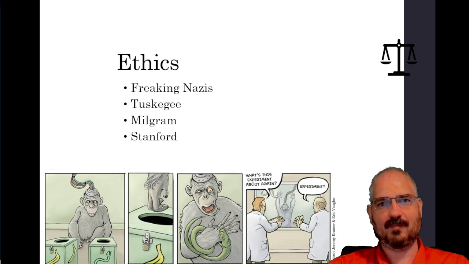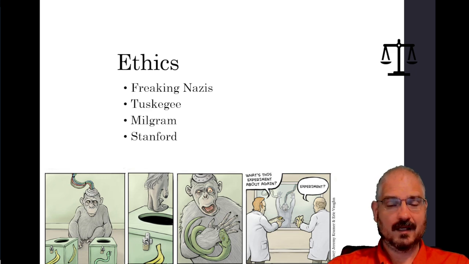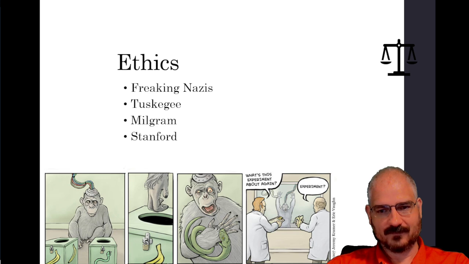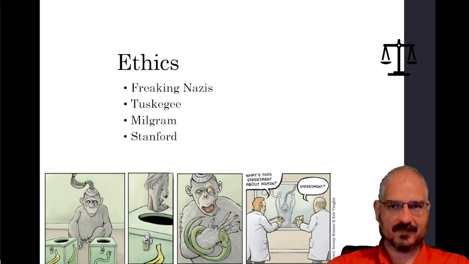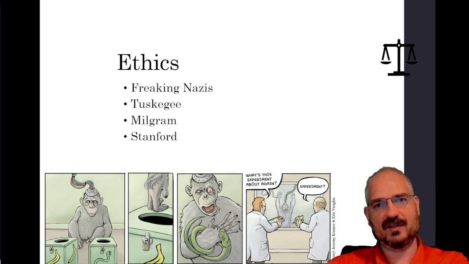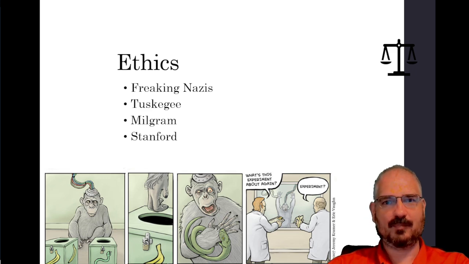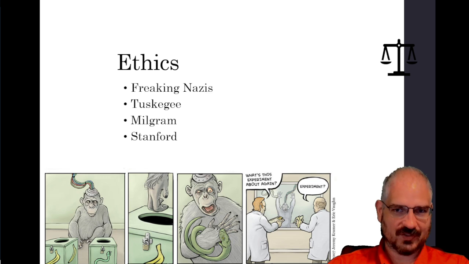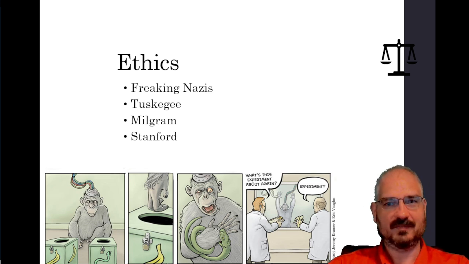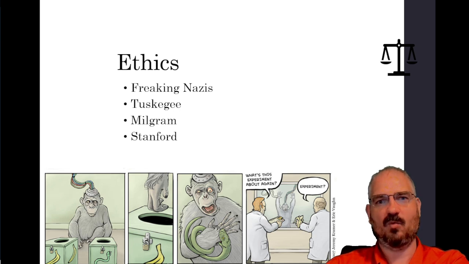This researcher named Zimbardo, back in the 70s, took a whole bunch of Stanford college students, randomly assigned them to be either prison guards or prisoners, and then had a mock prison built in the basement of one of the Stanford buildings, where they had to play act as prison guards or prisoners, with himself, the researcher Zimbardo, being the warden.